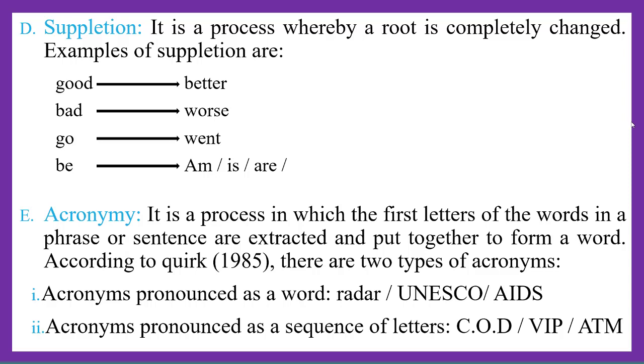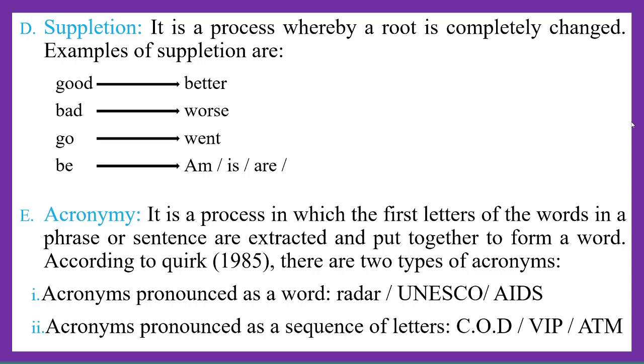Another word formation process here is acronymy. It is a process in which the first letters of the words in a phrase or sentence are extracted and put together to form a new word. According to the 1985 work, there are two types of acronyms.